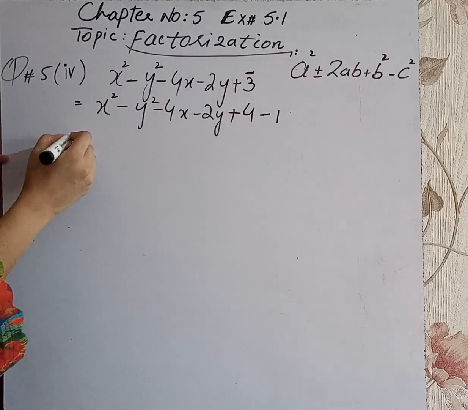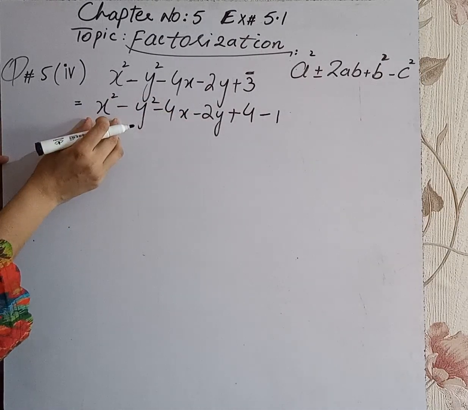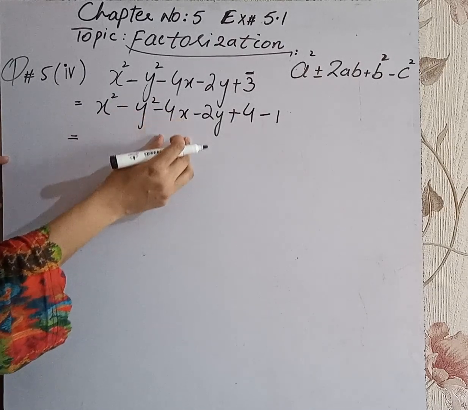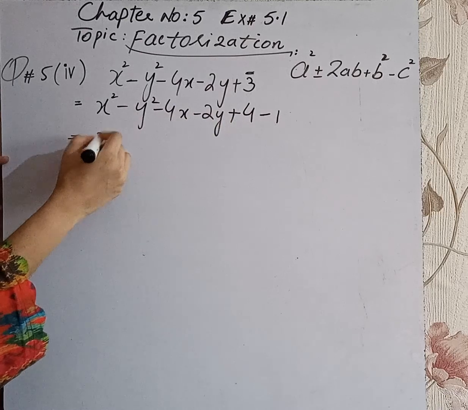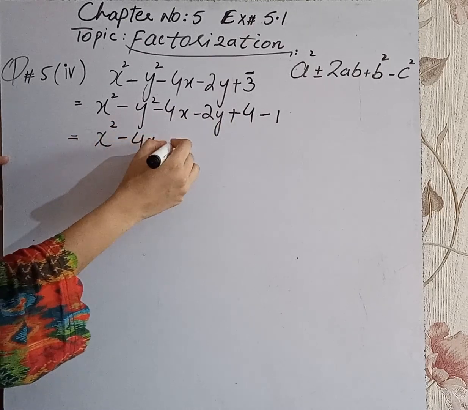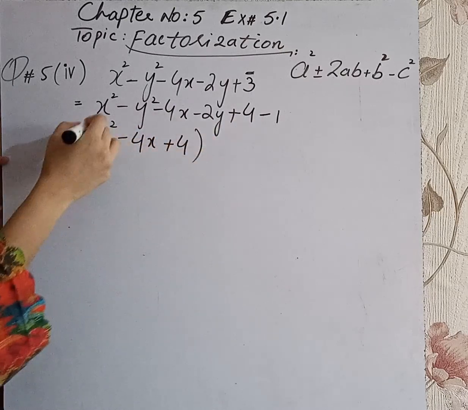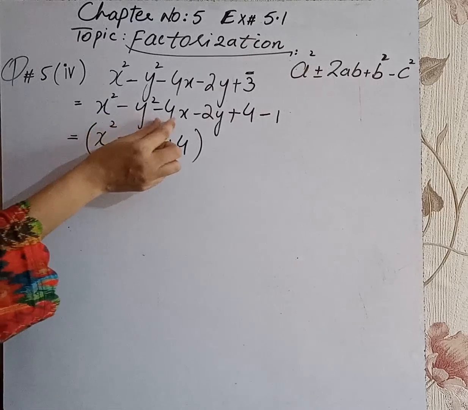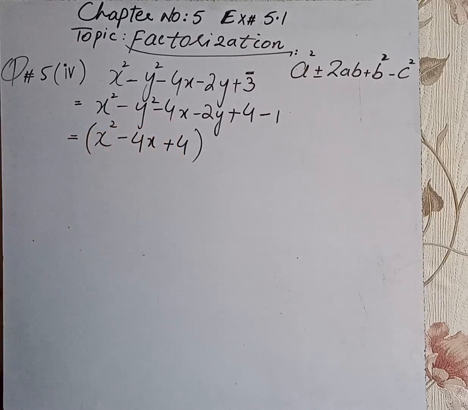So which 3 terms will we combine first? That is x square, then the x term, and one constant term that we will take with this, that is 4. x square minus 4x plus 4. With x square we will write the term of x and then one constant term.